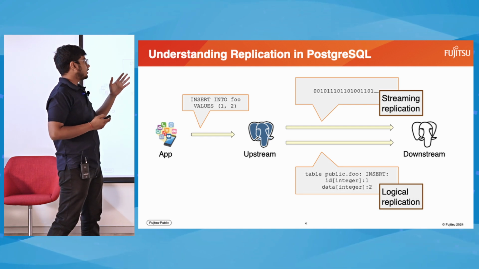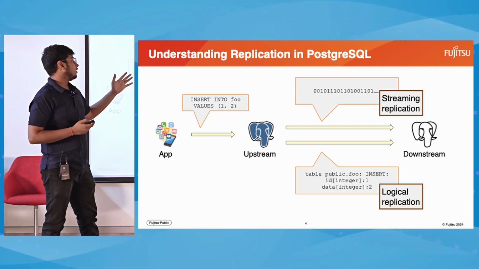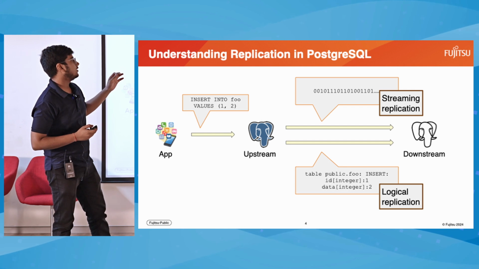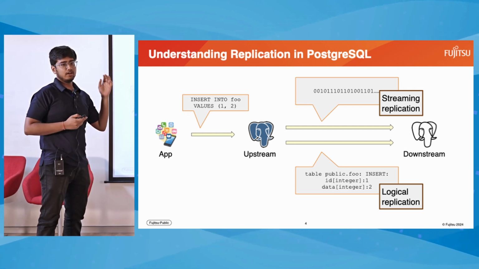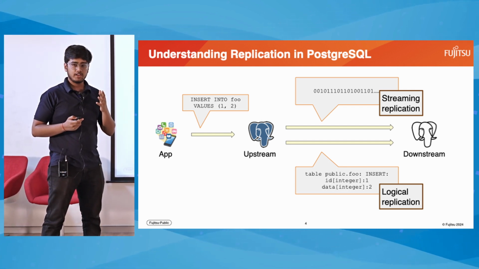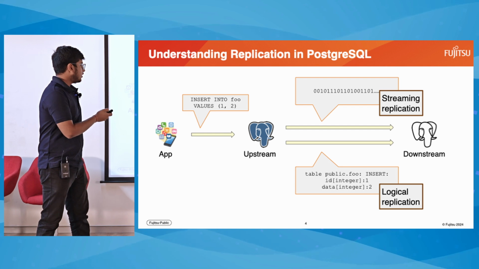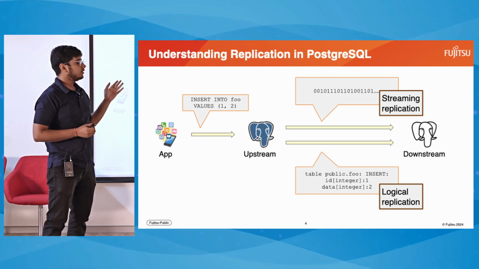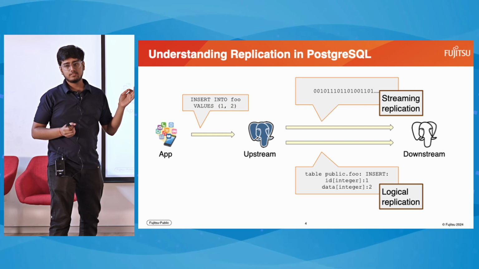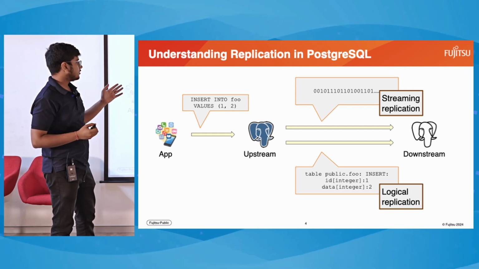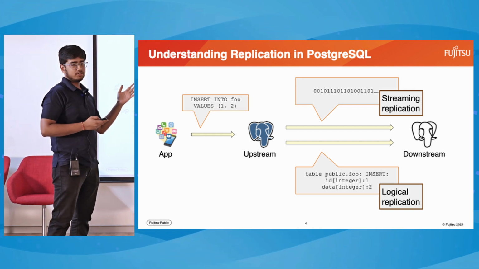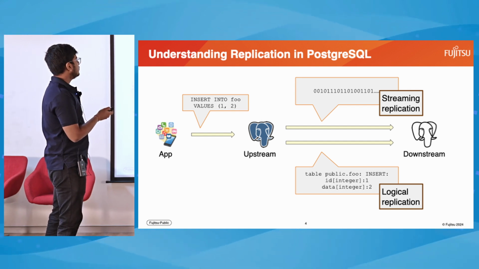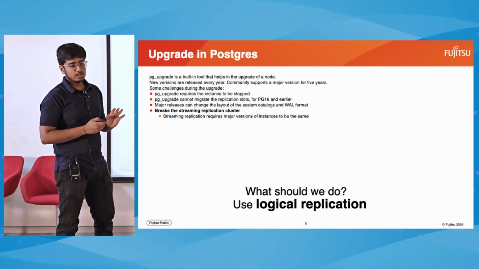What happens during streaming replication? A binary stream is sent, which is the exact WAL files. And during logical replication, we decode those WAL files and send a replication message from the upstream to the downstream for the replication.